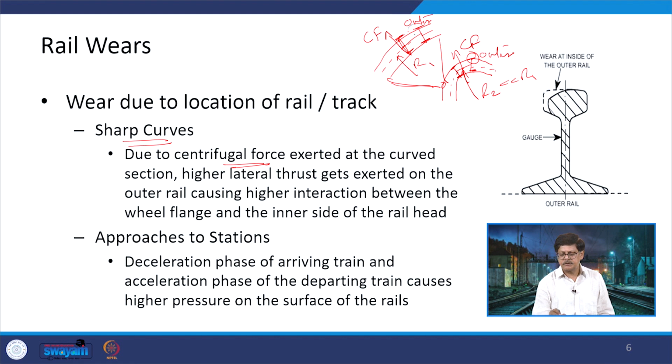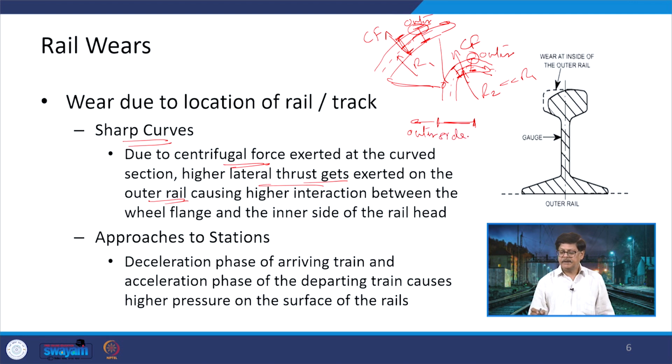So, more thrust is going to happen when that is moving in this direction. The higher thrust gets exerted on the outer rail, and when there is a higher thrust, it means the whole of this wheel and axle assembly will move towards the outer side.